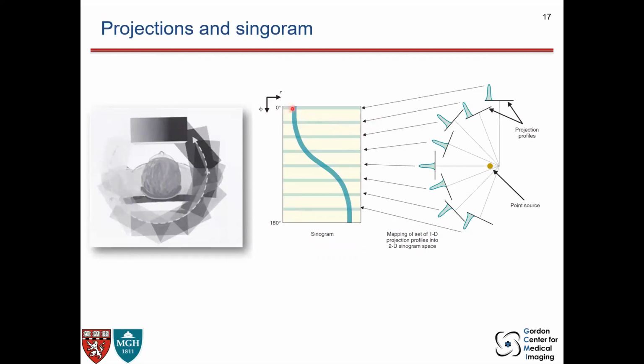And obviously, if you want a complete sinogram, you have to have a larger number of these angles, the angular sampling, which I'm going to talk about in the next few slides.